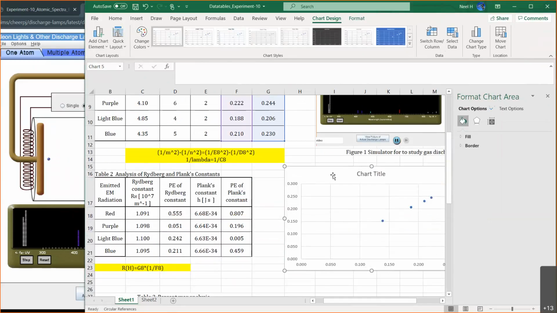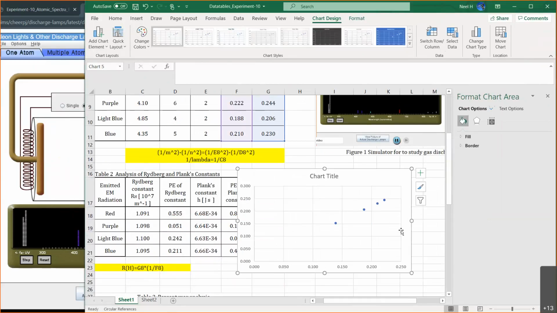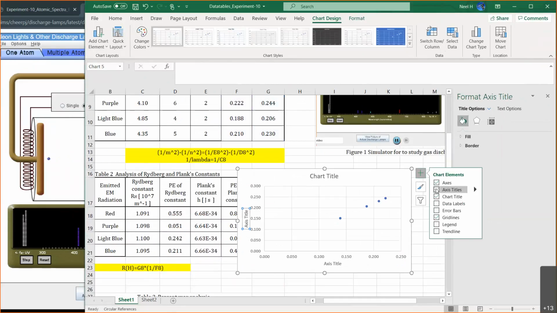Now you will see the graph. Double click on the graph, and then we'll add the trend line and axis titles. You can see the graph is towards one corner of the graph sheet. That also doesn't look nice. The reason is that the axis is starting from 0, where we don't have data points.